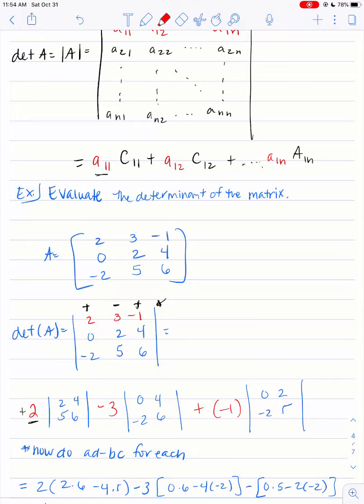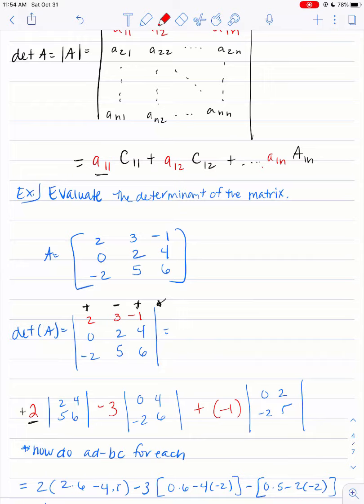And then for 3, I bring the element 3 down. And then it's a negative sign because that's the cofactor sign from our pattern. So I have -3. And then now I'm going to cover the column and the row that 3 is in. So if I cover this column and this row, whatever's left is the minor matrix. So I have 0, 4, -2, 6. Okay, awesome. My next element is -1. So I put -1 down here. And then the sign of my cofactor is positive.